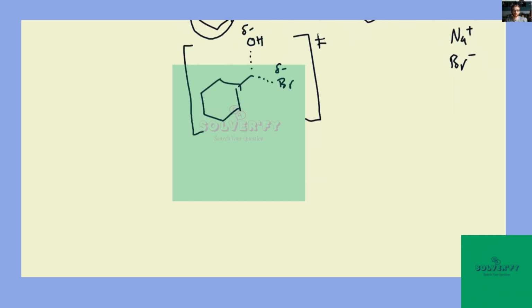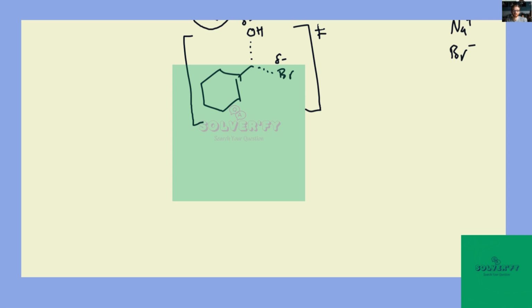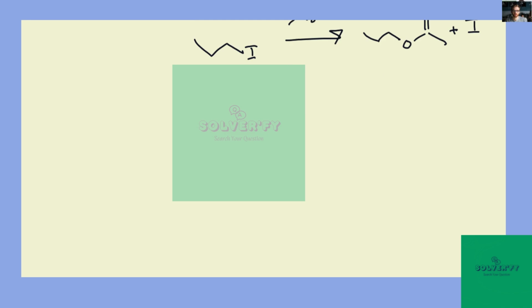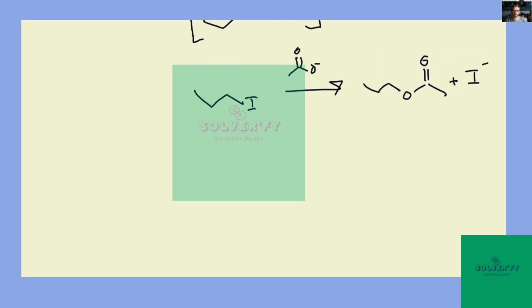We can repeat the same for our next reaction, right? We have iodine reacting with acetate. We're left with iodide. Again, we'll show the new bond forming between this oxygen and this carbon, and we'll show the iodine leaving.